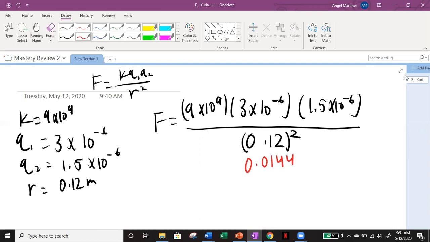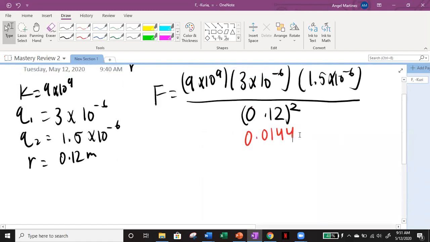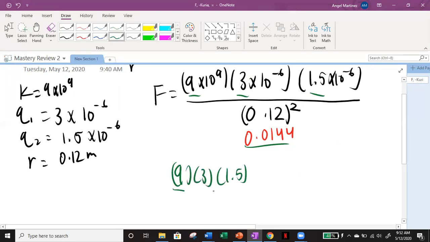Now we can do the whole number and exponent trick. Let's do the whole numbers first. We're going to have 9 times 3 times 1.5 all over 0.0144.